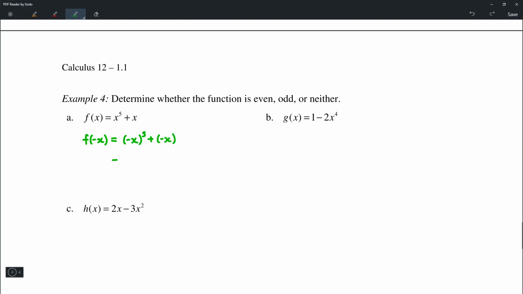Expanding this gives us -x to the 5th power minus x. From there, we can factor out the negative. So we have negative and then multiply by x to the 5th power plus x, which of course looks like the original function. So this is simply negative f of x, which means our first function is odd.